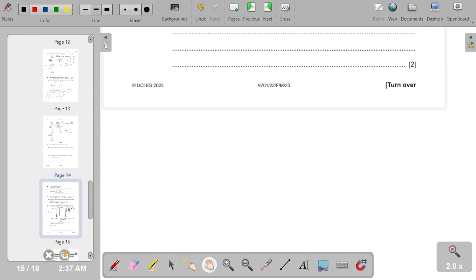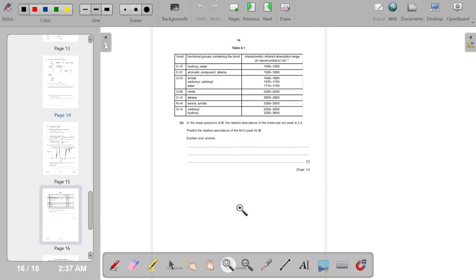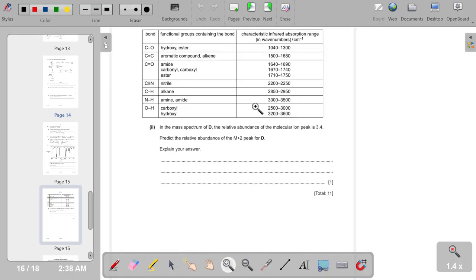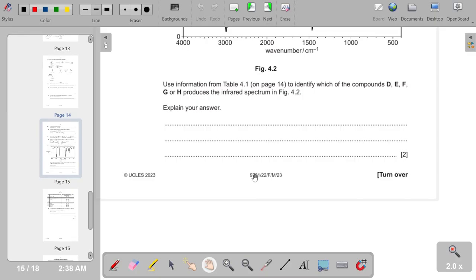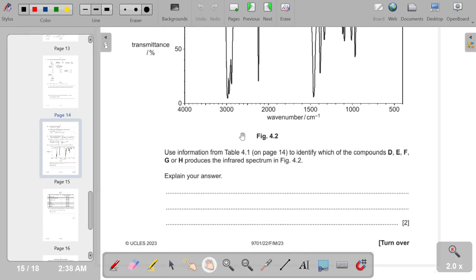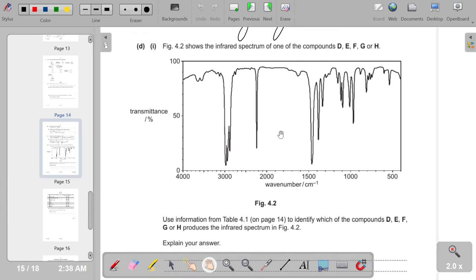I should go here as well. First I will check the value from here. Understand? So now you can see it here. We have this value. Okay. Go back and find it from the question. What's the question? Identify which of the compounds D, E, F, G, H produces the infrared spectrum in figure 4.2.